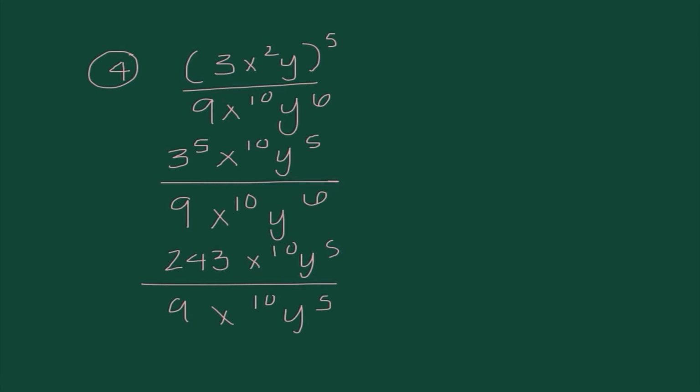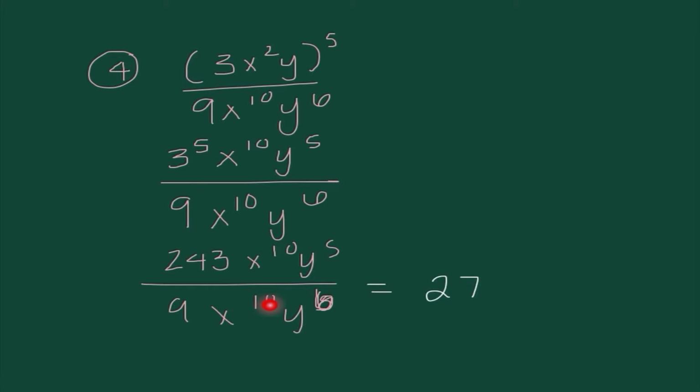And now we're going to look at my coefficients and simplify those. I know 243 divided by 9 is actually 27. Oh, and I just realized that I copied this wrong. This should be y to the 6th power. Okay, now when I compare these x values, this is when we battle, and I know 10 minus 10 is 0.